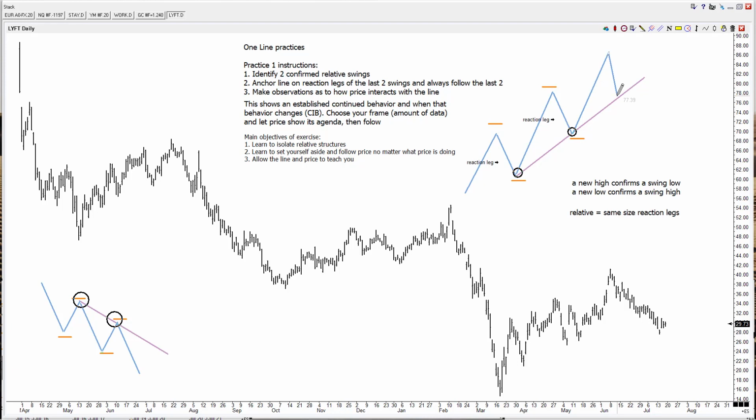What does it do? Does it bump? Does it crack it? And then be curious what happens afterwards. Does it return? This one technique is going to teach you about price, and it can also teach you about median lines, action reaction lines, but we're keeping it simple. I'm not going to tell you what to see or expect.